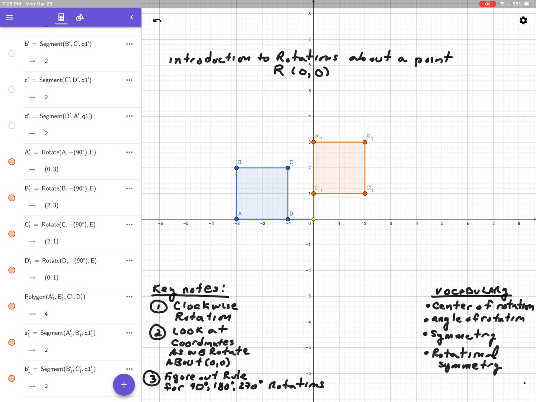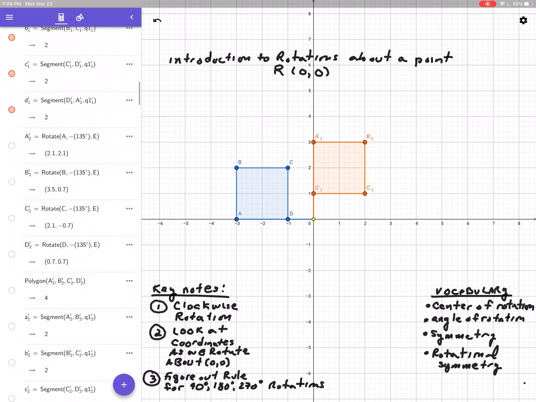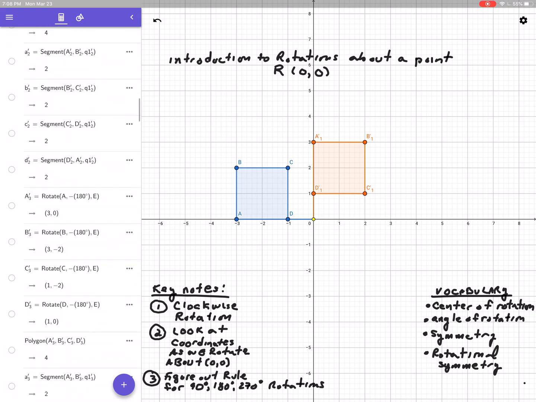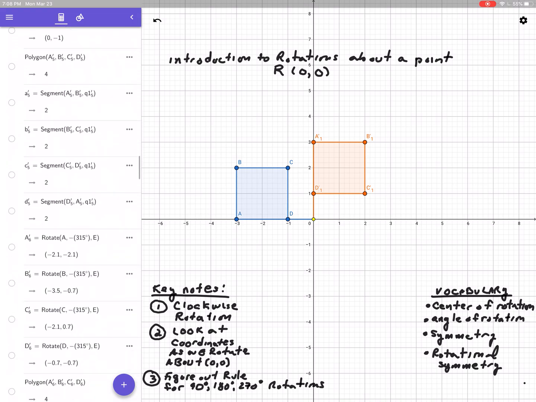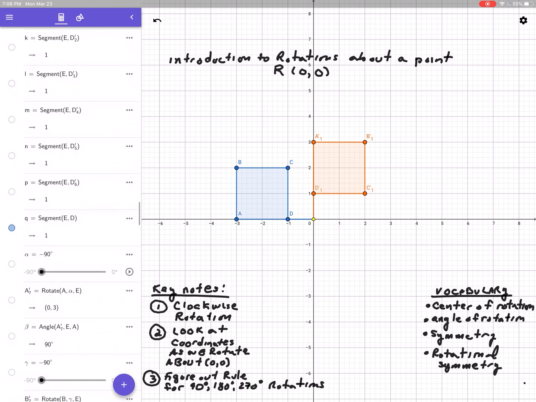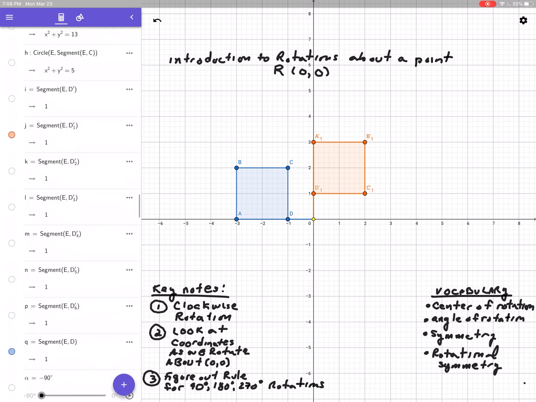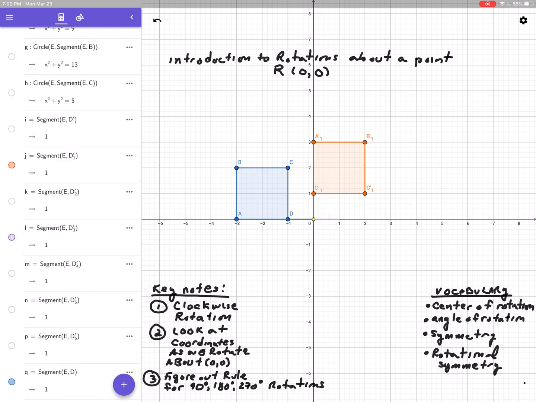Let's keep going. Now we have to select another one because we're going to do a 180-degree rotation now. So to do a 180 rotation, you'll notice, how many degrees make a line again? Could you guys remind me? Yeah, that's right, 180 degrees. So you can see I made a little purple segment there, 1 unit long.